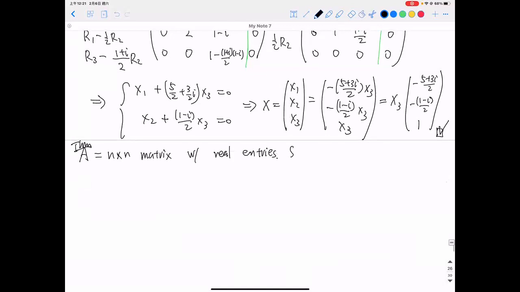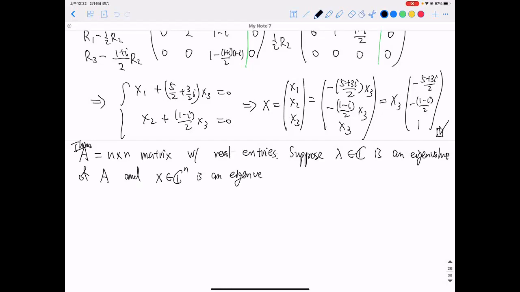Suppose lambda is an eigenvalue of A, and the complex vector x is an eigenvector of A with eigenvalue lambda.